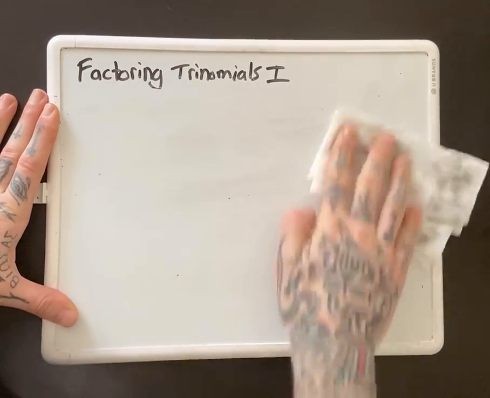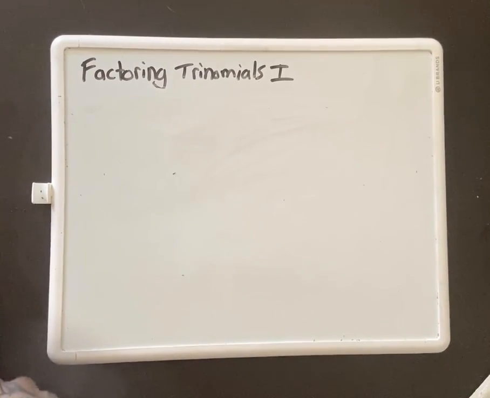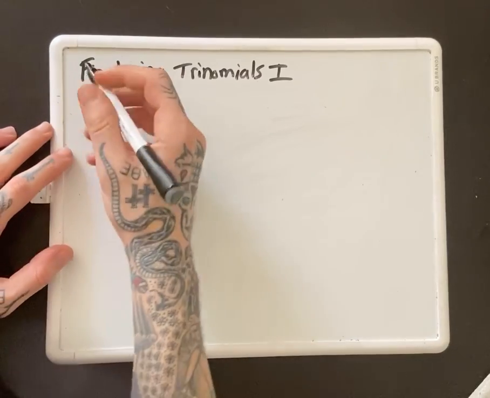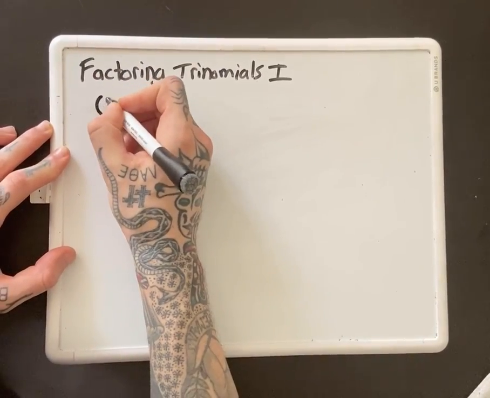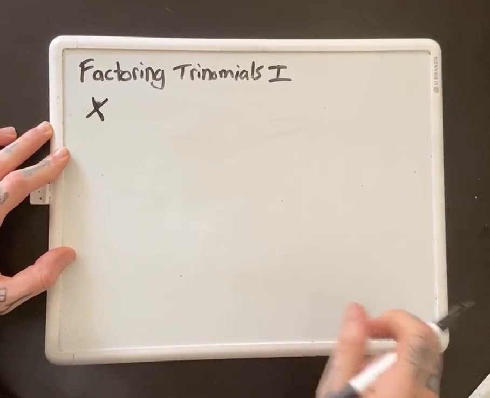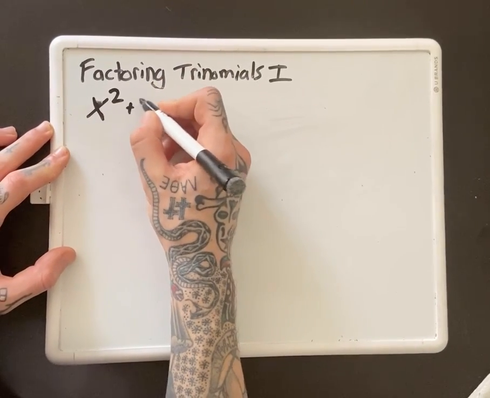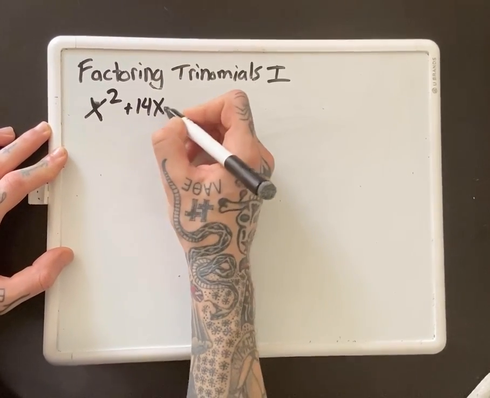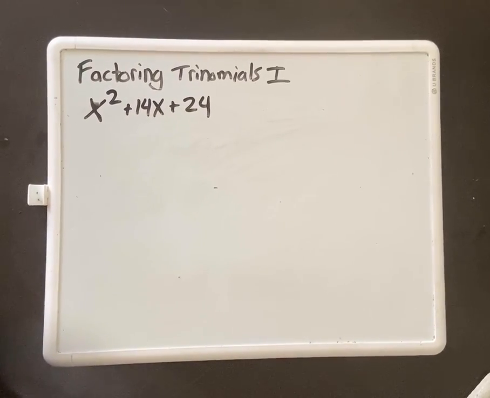All right, so now we're going to look at just a trinomial: x squared plus 14x plus 24, okay?